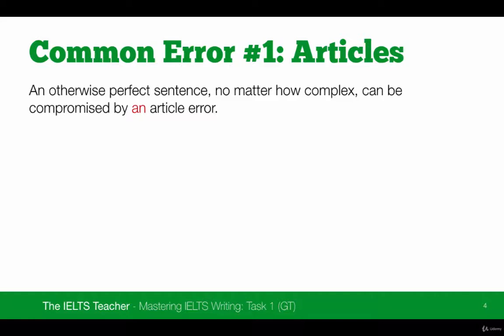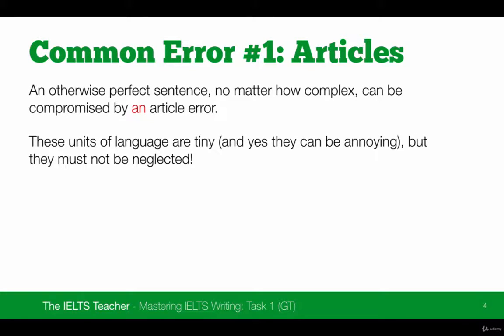And this is a very, very common type of error that appears in essays and in letters. These units of language are tiny, and yes, because they are so small, and for some languages they aren't necessary, they can be very annoying, they're frustrating, but they must not be neglected nevertheless.